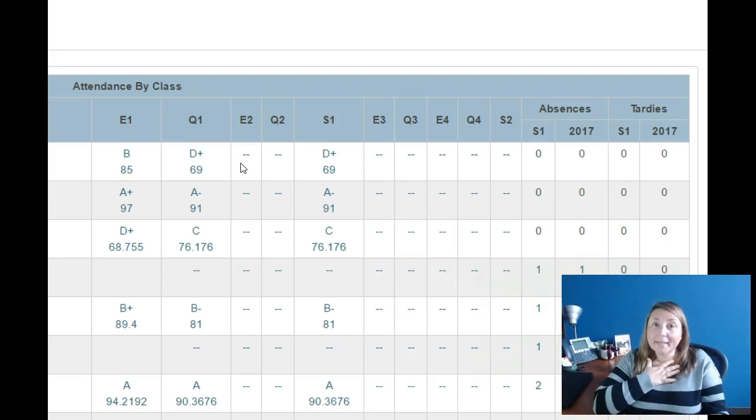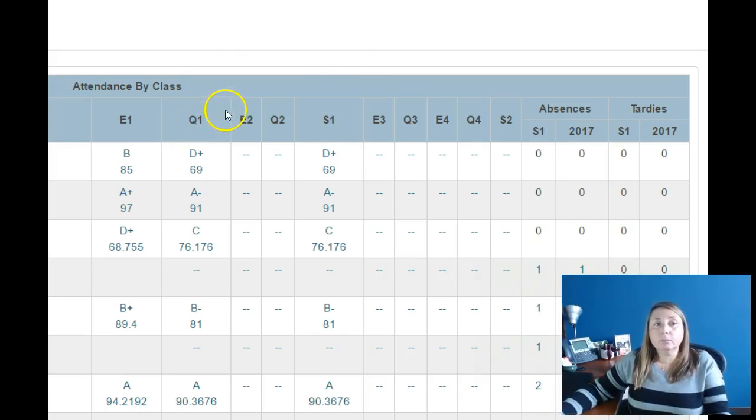Now, since we look always at the semester grade, we are always looking at, in this case, S1, because right now we are in semester 1. And later on in the year, we will be looking at S2 as semester 2. So far, S1 and Q1 have always been the same.